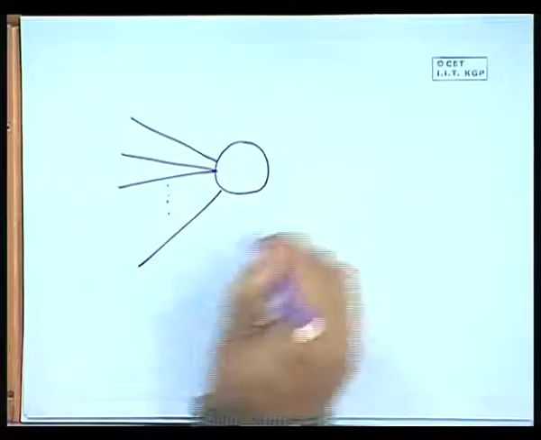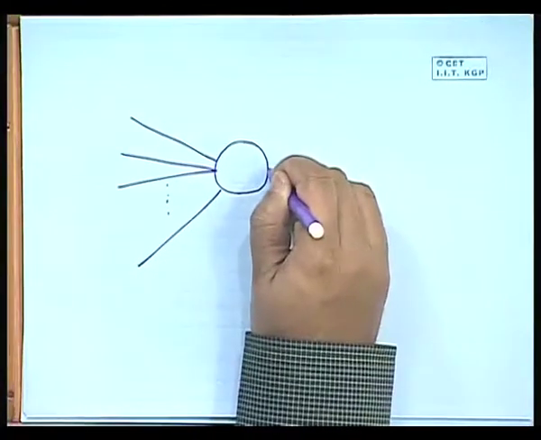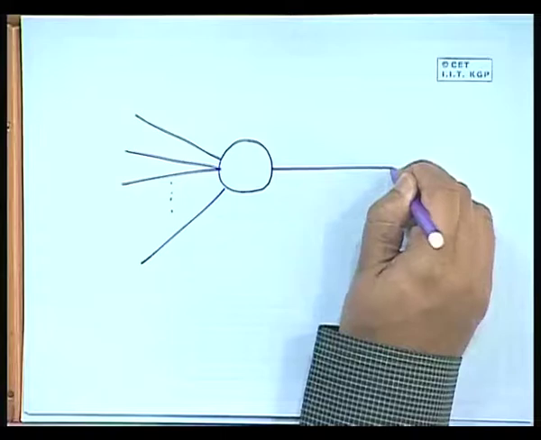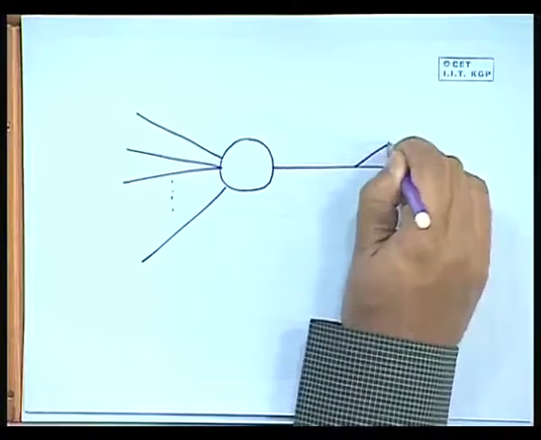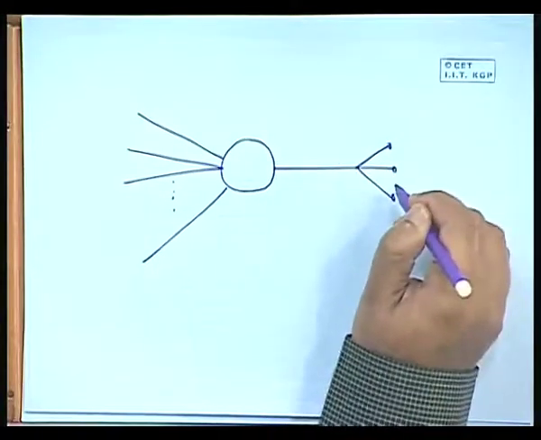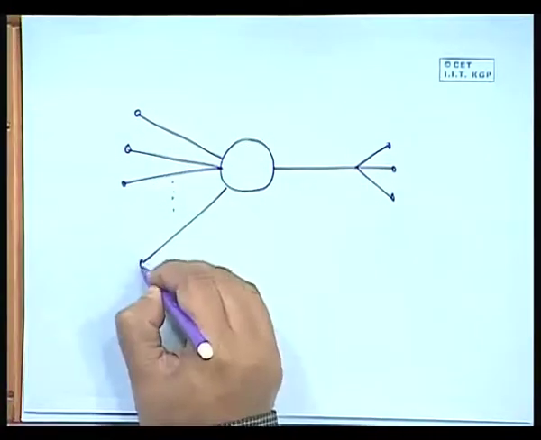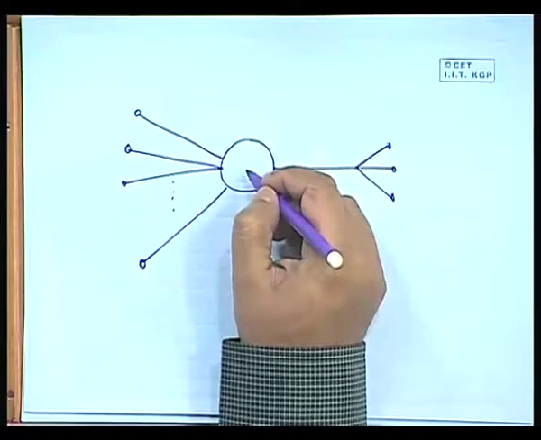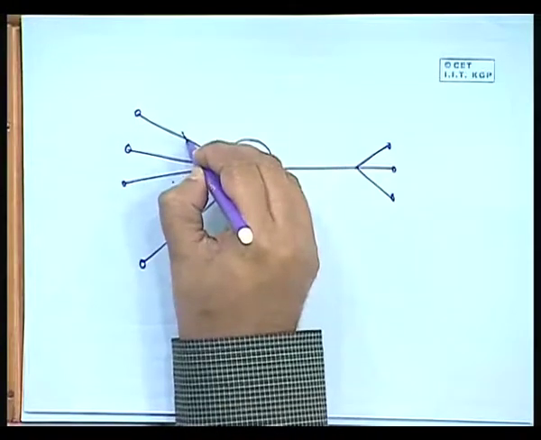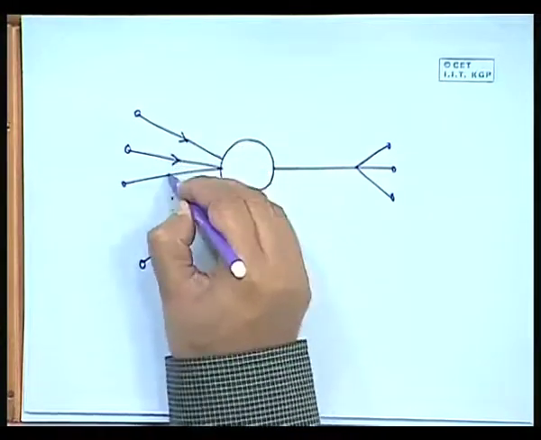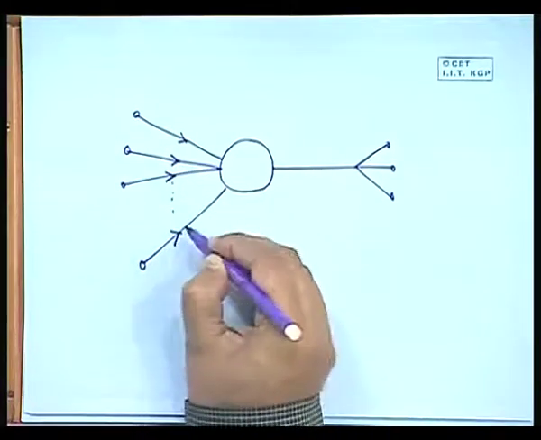Let us say that these are the inputs, and it will be connected to one or more outputs, and these inputs will be connected to the nerve cell through some strengths of connection, and we may be indicating the strengths of the connection.